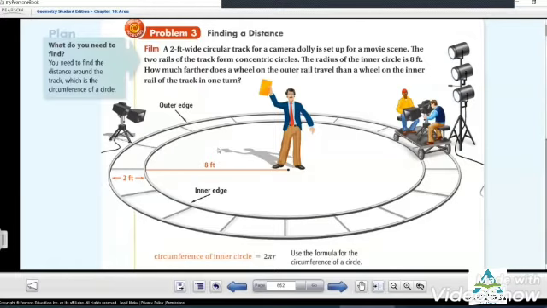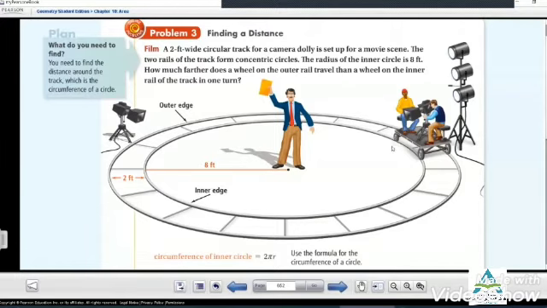How can we solve this problem, Ahmed? No, you didn't get the idea. He's asking us about the distance the wheel in the outer circle will cover more than the inner one.